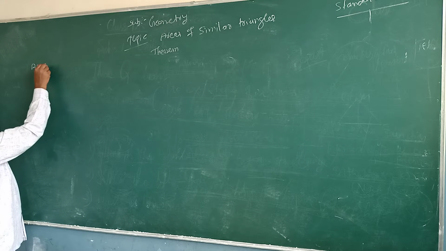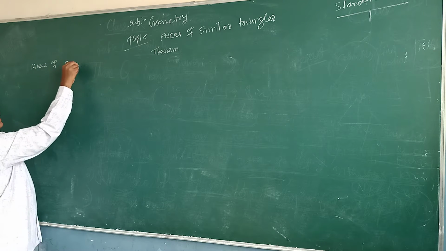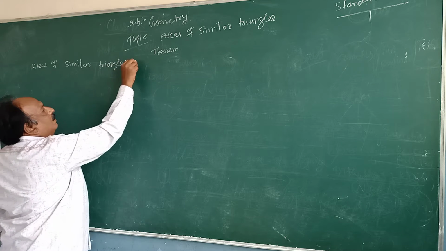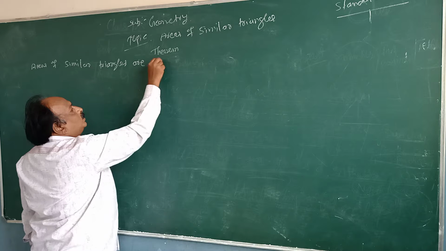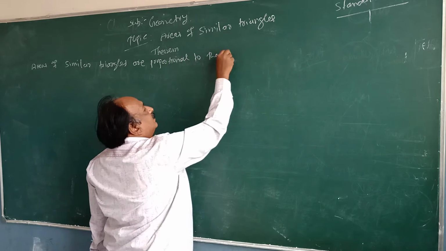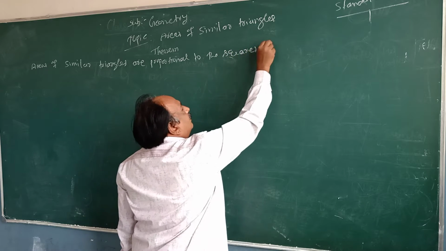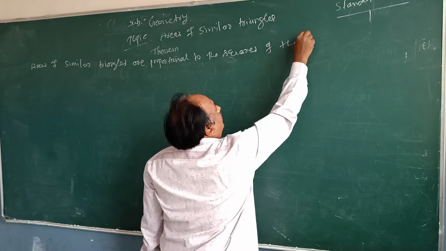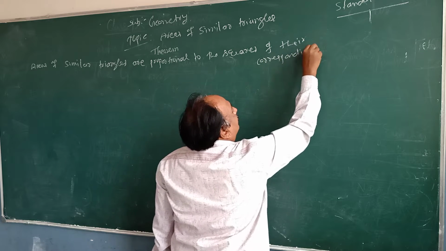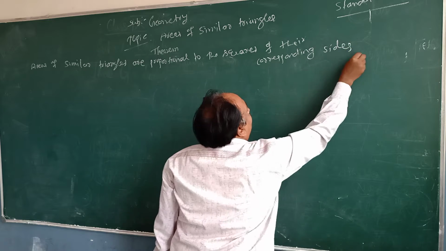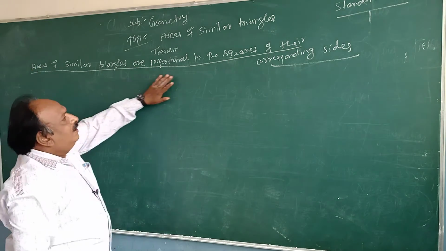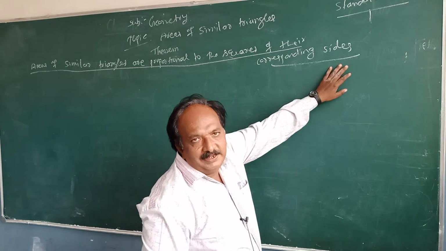Areas of similar triangles are proportional to the squares of their corresponding sides. The areas of similar triangles are proportional to the squares of their corresponding sides.